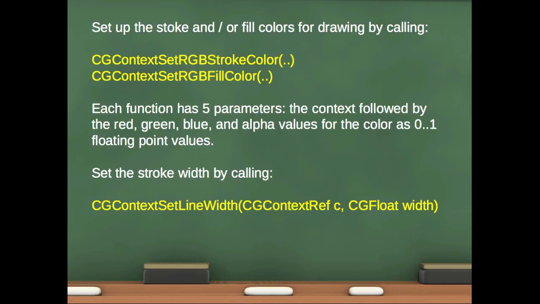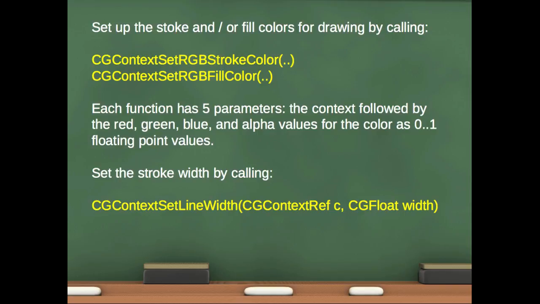There are many functions for setting the stroke color and the fill color depending on what kind of value you want to set. But RGB stroke color and RGB fill color are sample functions, and they're the simplest to understand. Each of these two functions has 5 parameters. The first parameter is the context ref, and then that's followed by the red, green, blue, and alpha values as floats between 0 and 1 for the color.